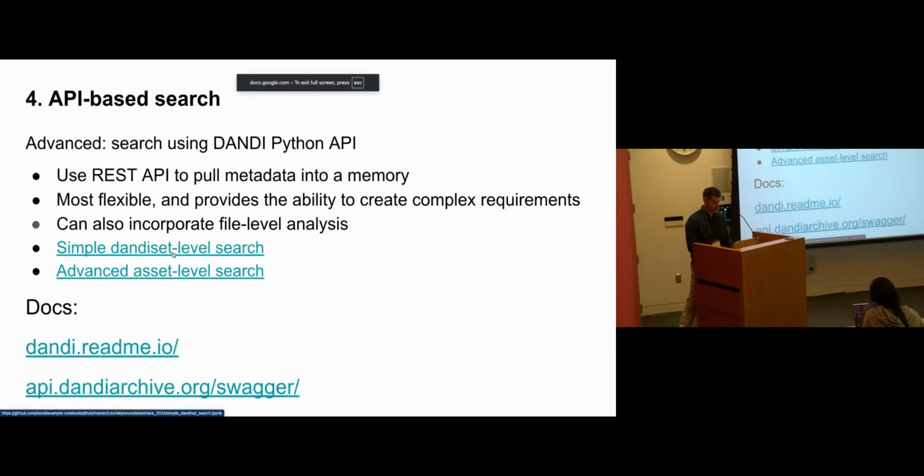Okay, and then finally, I'm not going to go too much into details on this because we don't have a ton of time, but you can do advanced search. There's a REST API that allows you to pull specific DANDI set and asset level metadata from the DANDI Archive. This provides the most flexible, high-tech solution where you can craft your own queries yourself.